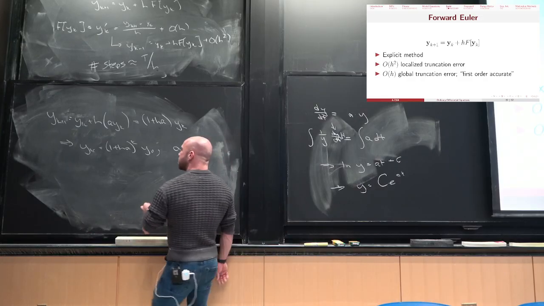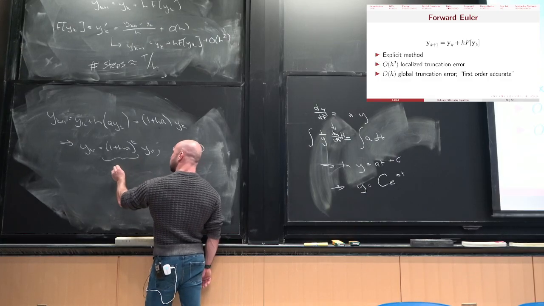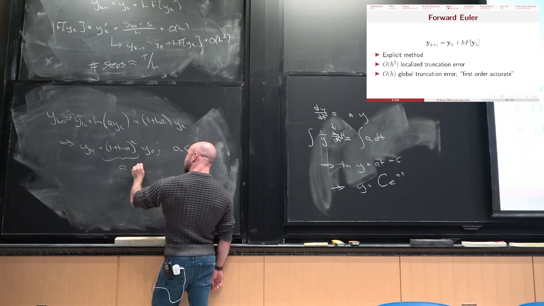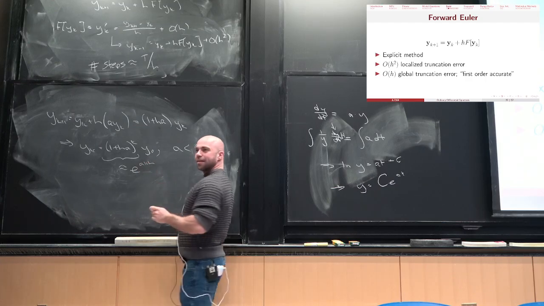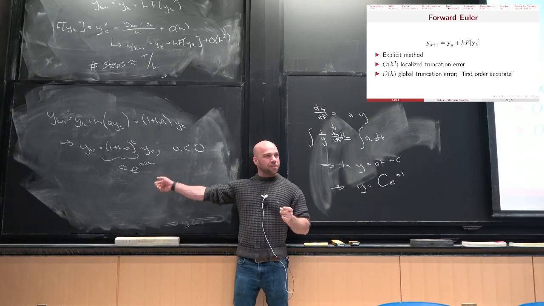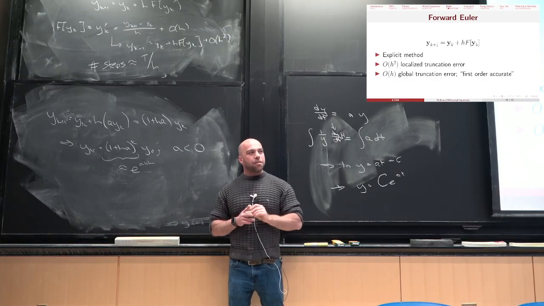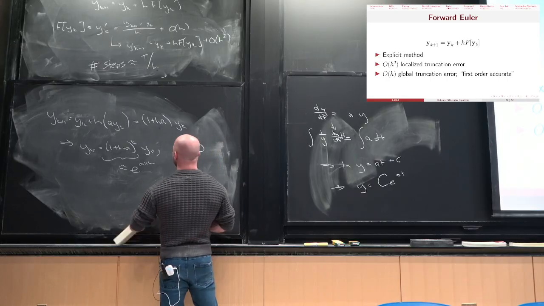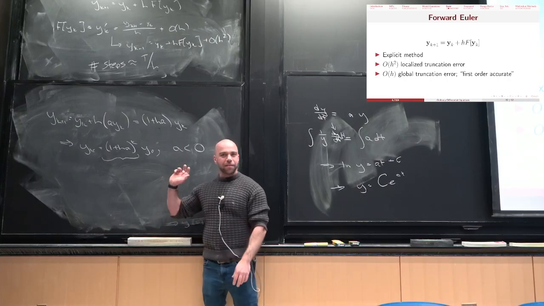In some sense, notice that this is roughly an approximation of e to the a t, where t is k times h. We know that because that's the true solution to this ODE. Now, here's the thing that happens in this problem. Remember that a is negative and h is positive.